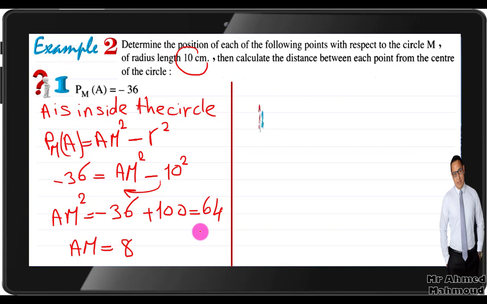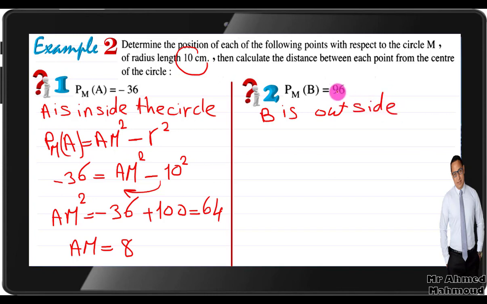Okay, number 2, P of B equals 96. Here B is outside the circle. Why? Because the value of P of B is positive.